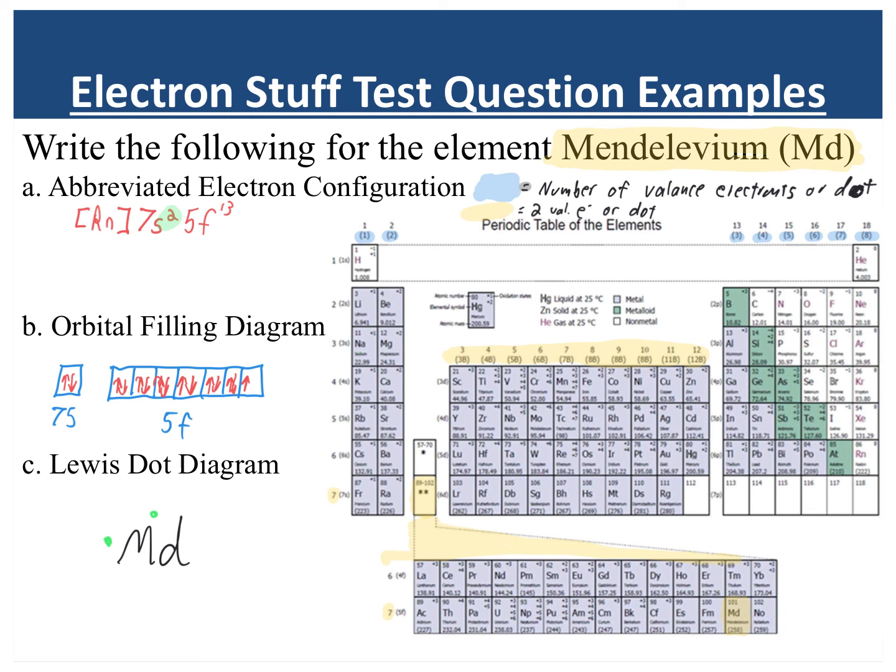Like I said, there are some weird electron configurations that happen in the d block and the f block, but we're not really going to worry about those. So that is how you do this electron stuff, and these are types of questions you might see on your electron unit test.